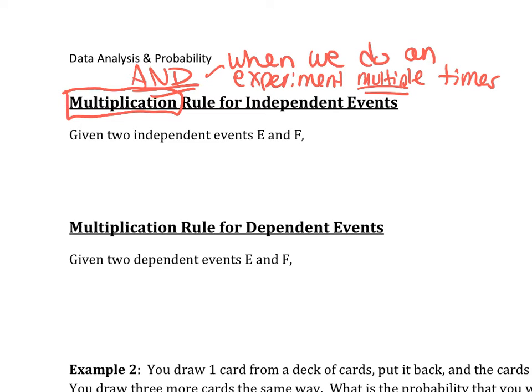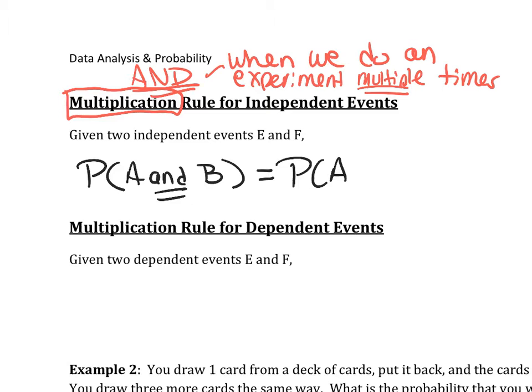Okay, so if we have two independent events, meaning they don't affect each other, so like we replaced the card after we drew it, or we're just doing two totally separate things like rolling a die and flipping a coin, then to calculate the probability of event A and event B occurring, we would just take the probability of A and multiply it for the multiplication rule by the probability of B. So since they're independent, you just take each individual probability and multiply them together.